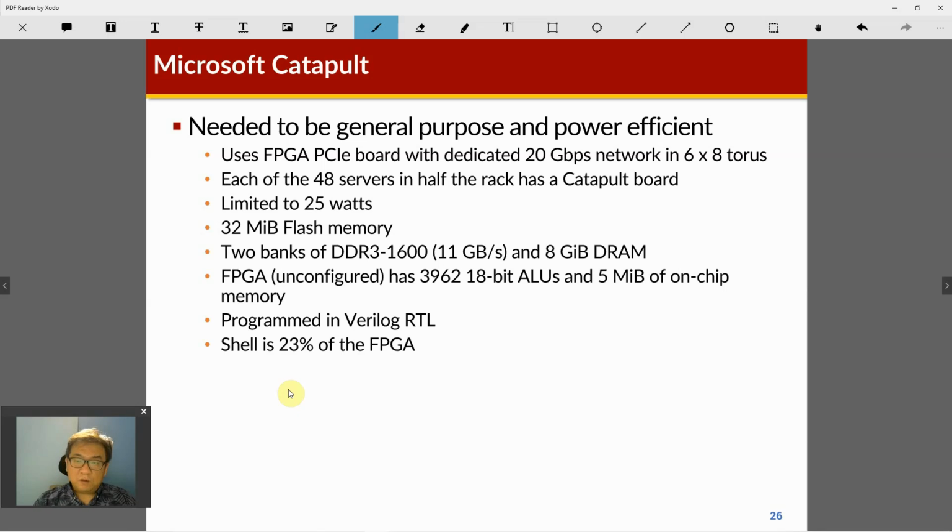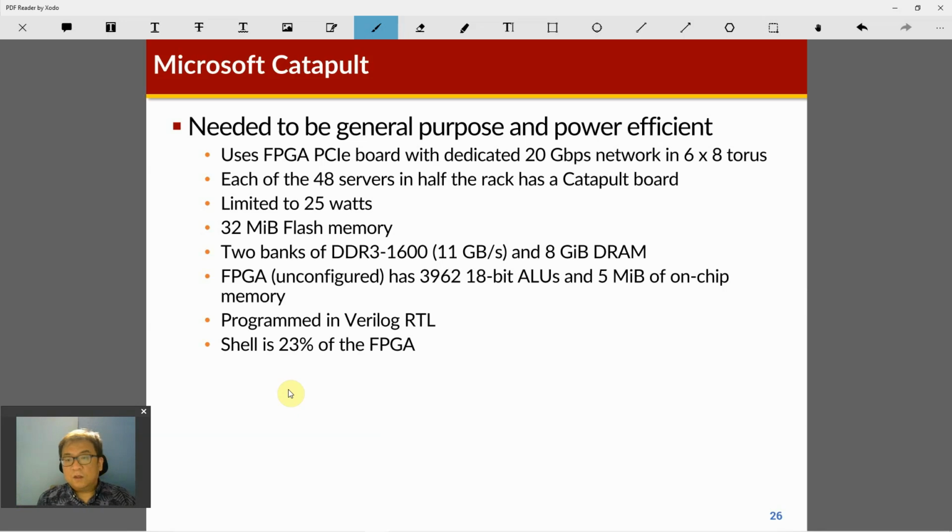Catapult is an FPGA-based domain-specific architecture processor, and it is equipped on the server system. The Catapult is connected to the network of this server system. This Catapult board receives data from the CPU, computes some instructions with the FPGA of the Catapult board, and delivers the final result to the other CPU.